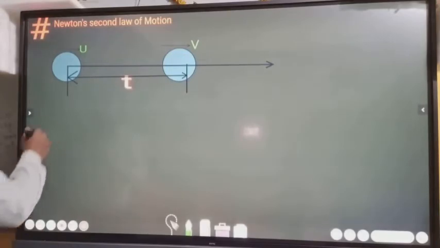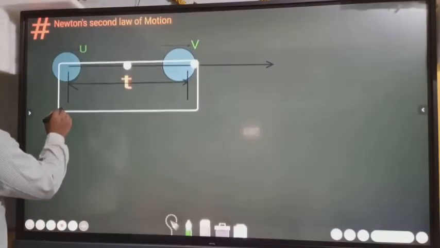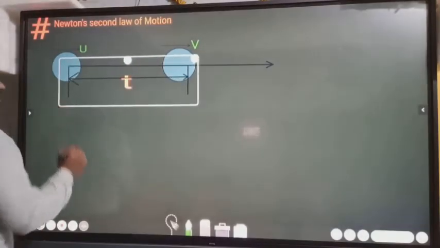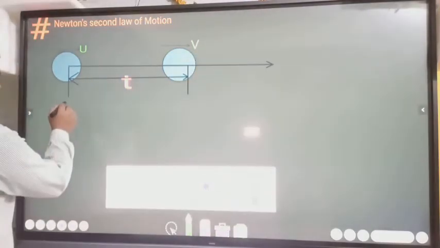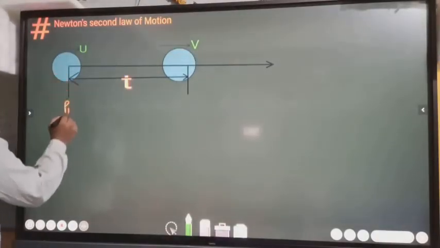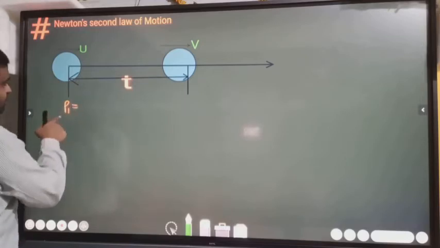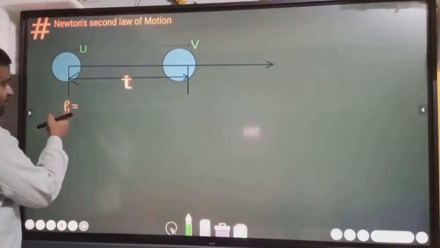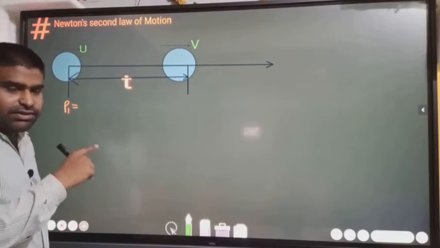If you write P1, because this is position 1, P1 means the momentum at position 1, the initial position.